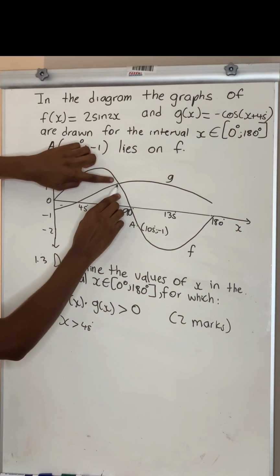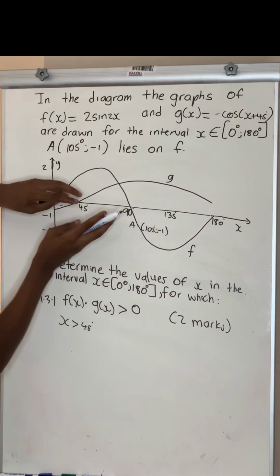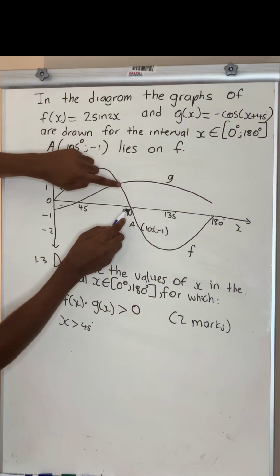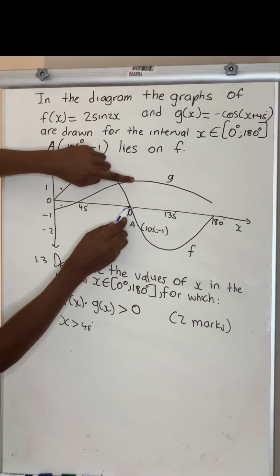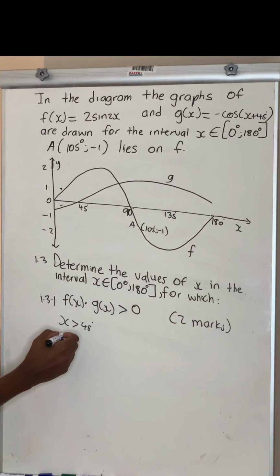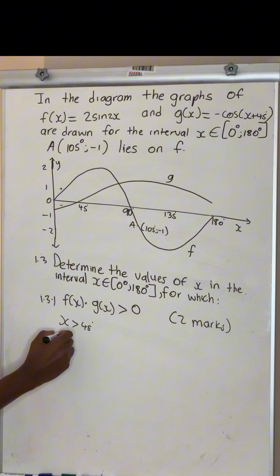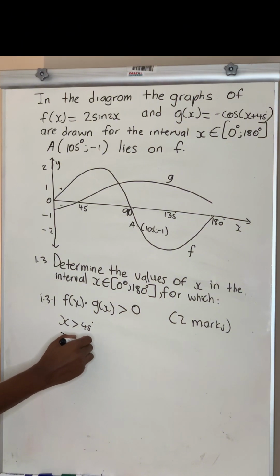They intersect over here, still positive, even though this one is now going down, this one is going up. They are both still above 0. Now when you get here at 90, these functions both are still giving us a positive output, so it should be below 90 degrees.